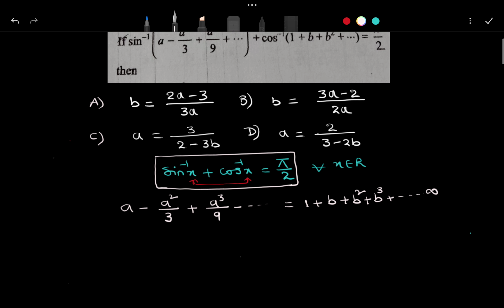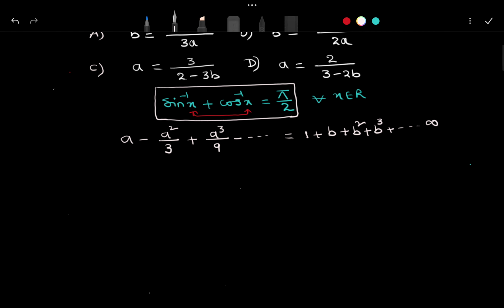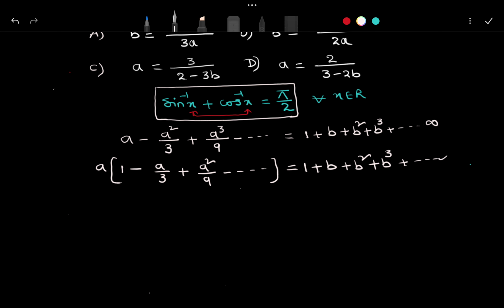Clearly, this is a geometric progression, the sum of infinite terms in a GP. So now here you can take a as common, then it becomes 1 minus a by 3 plus a square by 9 minus and so on is equal to 1 plus b square plus b to the power of 3 plus and so on to infinity.